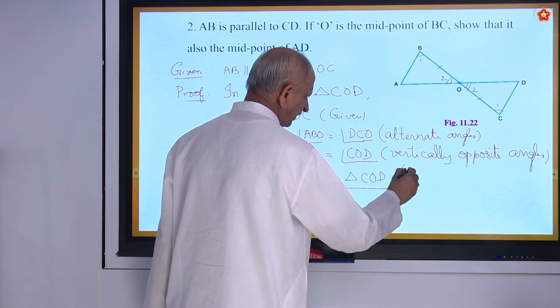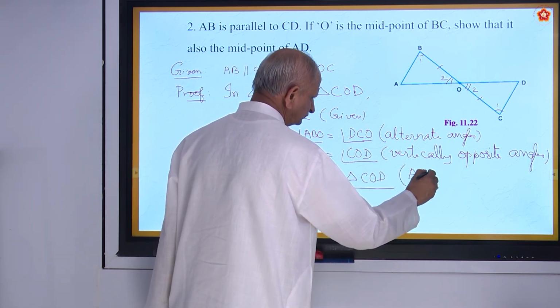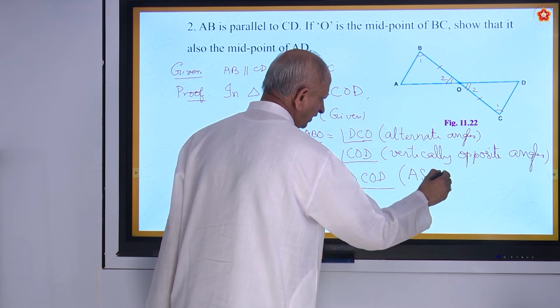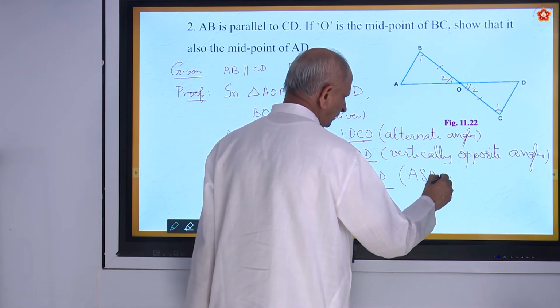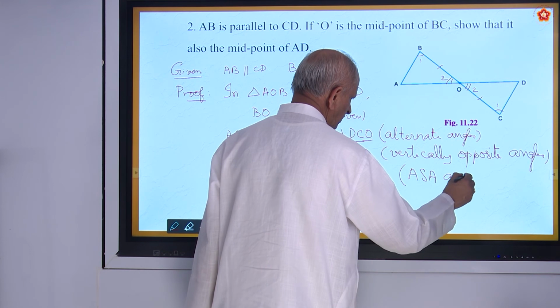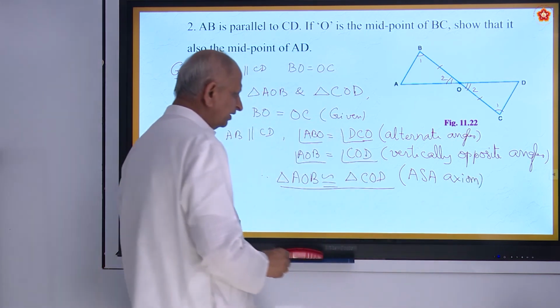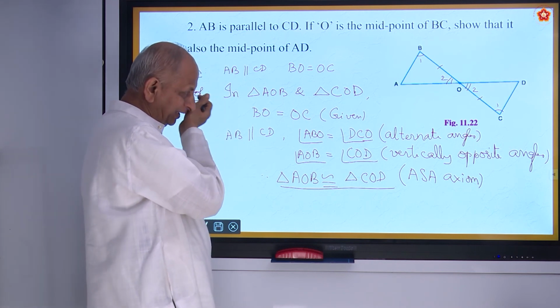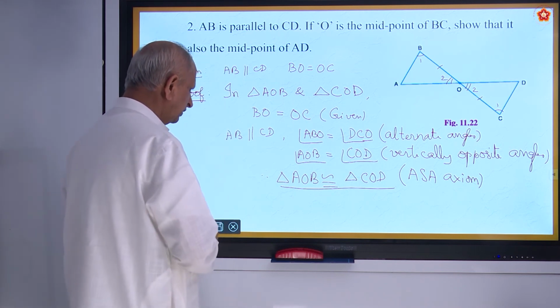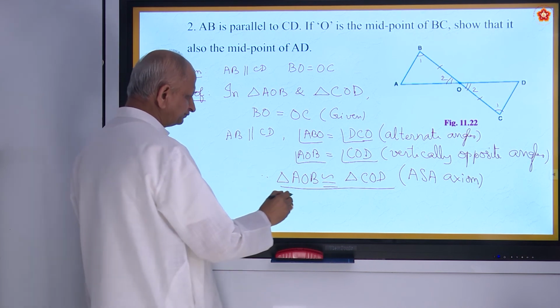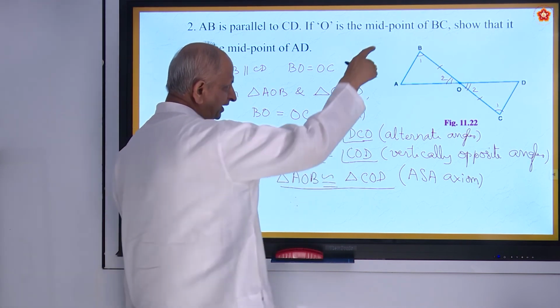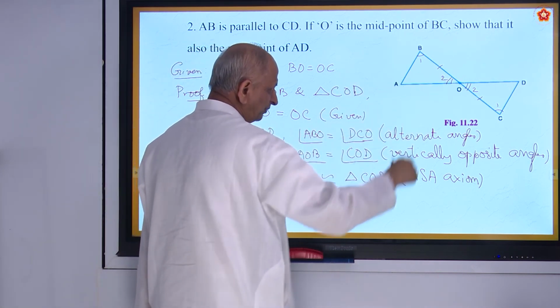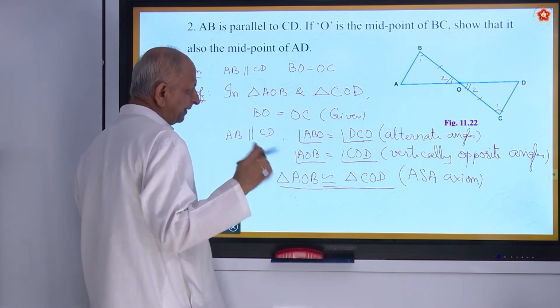It is by ASA condition. You can write axiom, or you can write criteria, both are the same. And therefore, if you cut that triangle AOB and keep it on COD, they are perfectly equal.